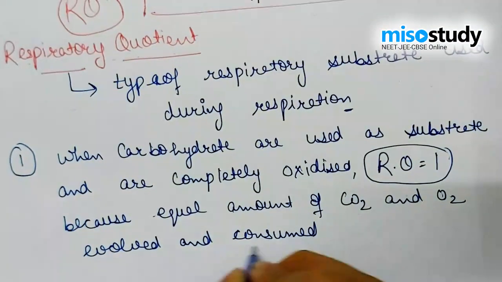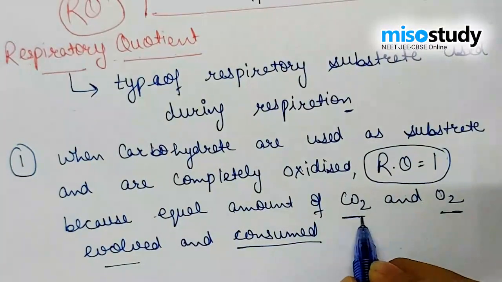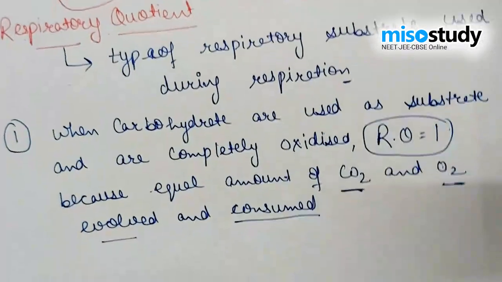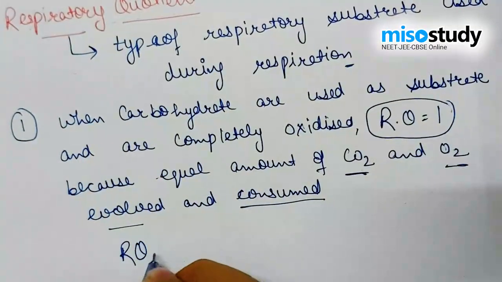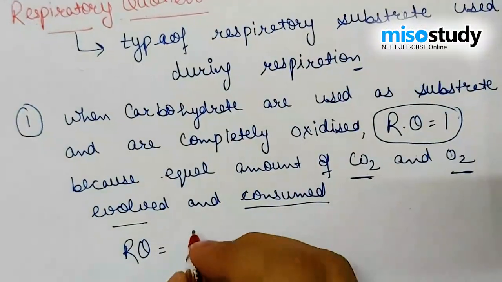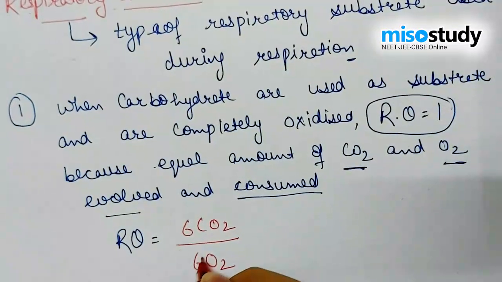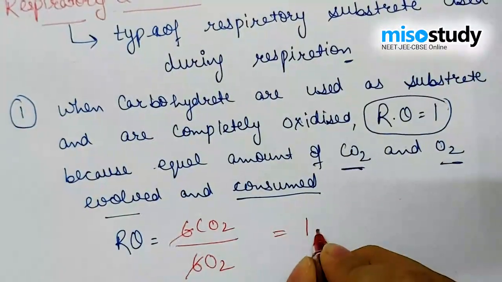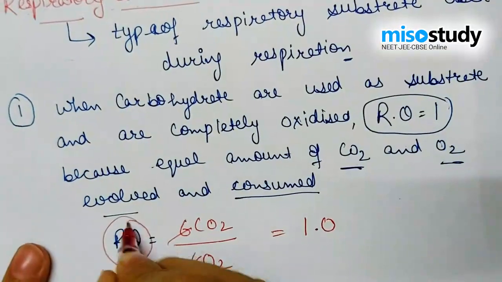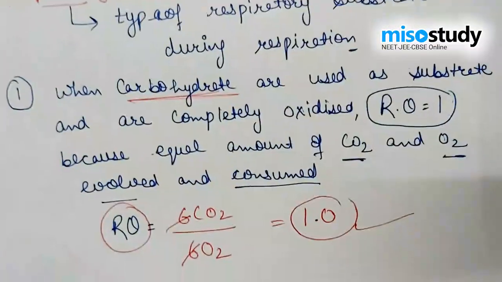O2 is consumed and carbon dioxide is evolved, and it is also written as RQ is equal to 6 CO2 over 6 O2, hence equal to 1. RQ in the case of carbohydrate is equal to 1.